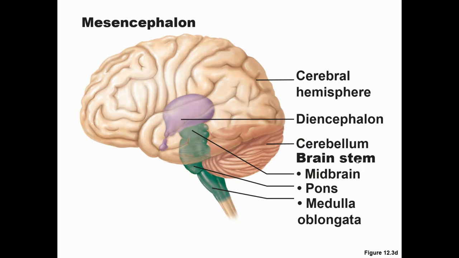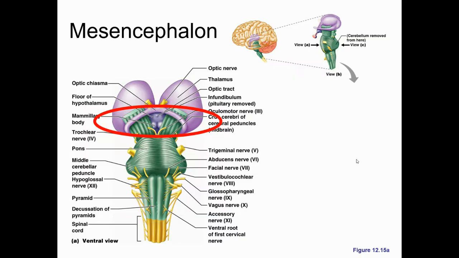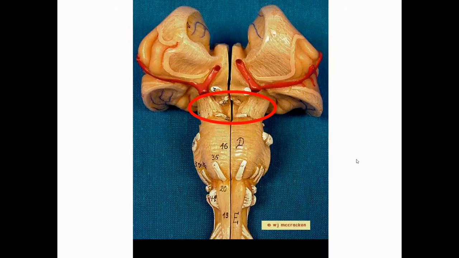So this is the rooster's neck. And remember what we talked about in lecture, it's mostly tracts. And we can see two of these tracts right here. These tracts are called the cerebral peduncles. The word peduncle means legs or feet. So they're sort of like the feet or legs of the cerebrum.